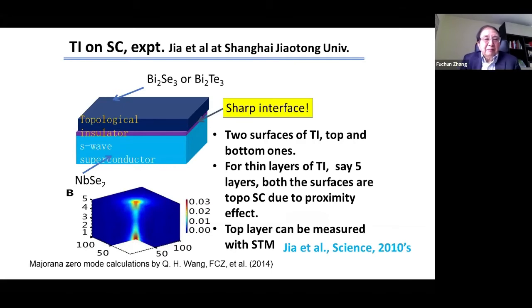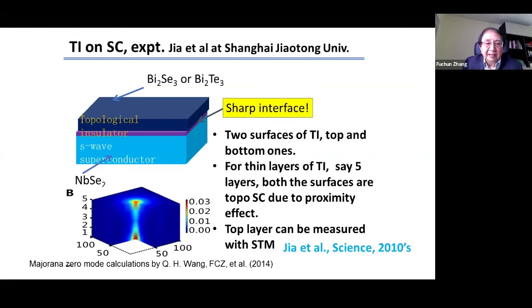That topological insulator on superconductor experiment was realized by Jinfeng Jia at Shanghai Jiao Tong University. You just consider this upside down. In the experiment, the bottom is an S wave superconductor, NbSe2. The top one is bismuth selenide, bismuth telluride.